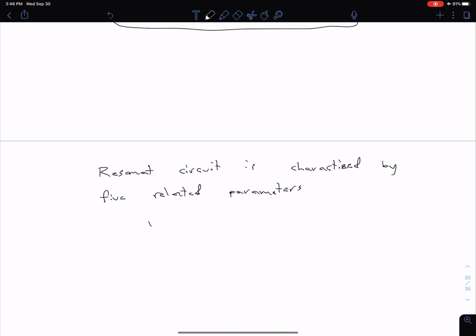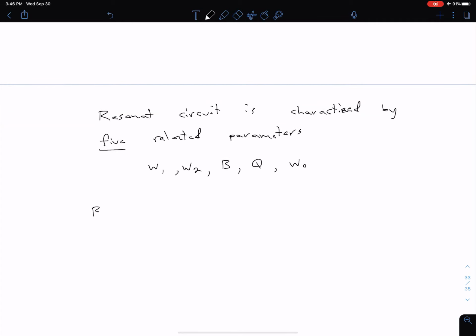We have our half power frequencies, omega 1 and omega 2, we have our bandwidth, we have our quality factor, and the only one that we had presented in a previous video that wasn't here explicitly was our equation for our resonant frequency, omega naught. So we have these 5 different related parameters to specify our resonance, but they're not completely independent. Only 2 of these can be specified independently.